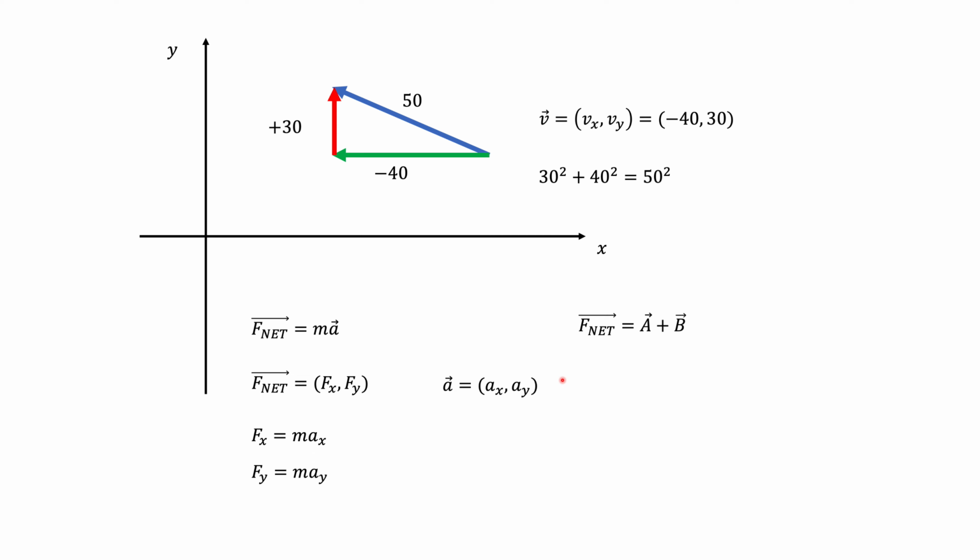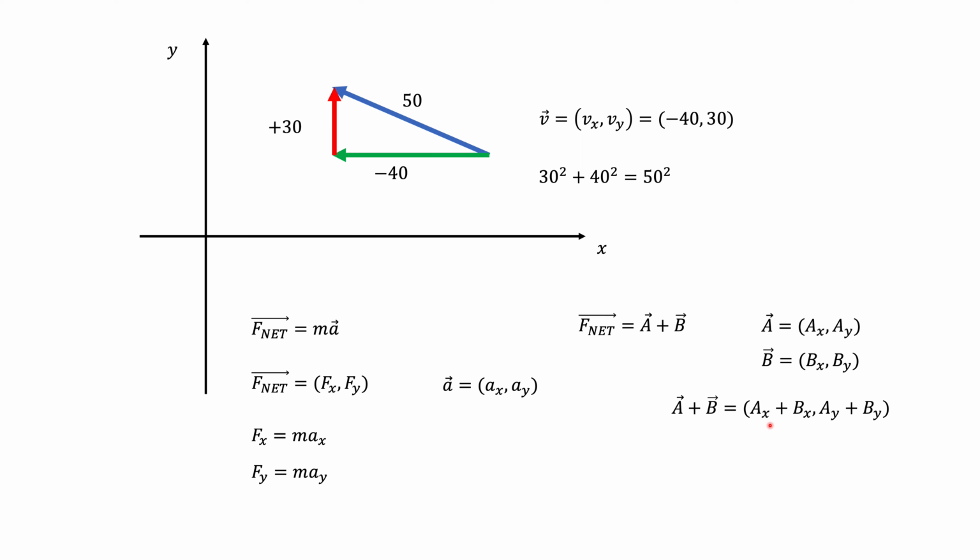So if, for example, Fnet consists of two forces A and B, we need to add these two forces together, but we have to do it by applying rules of vector addition. So if our vectors A and B have components x and y, when you add two vectors, you simply add the respective components.